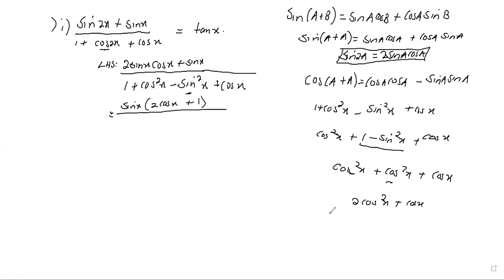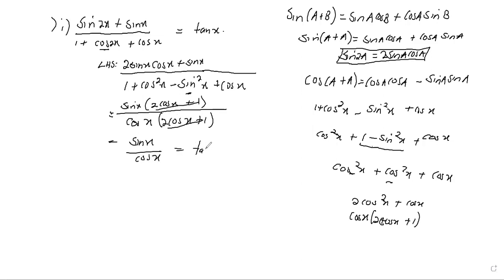And if we factor out cos x, we'll have 2 cos x plus 1. So when we go back there, we're going to write this as cos x times 2 cos x plus 1. You see? So that this part and this part cancels, and then we remain with sine x over cos x, which is equal to tan x, which is our right-hand side.